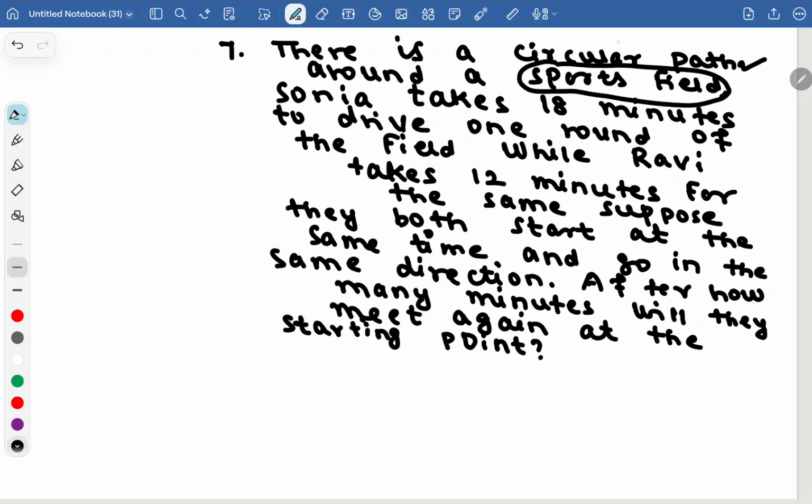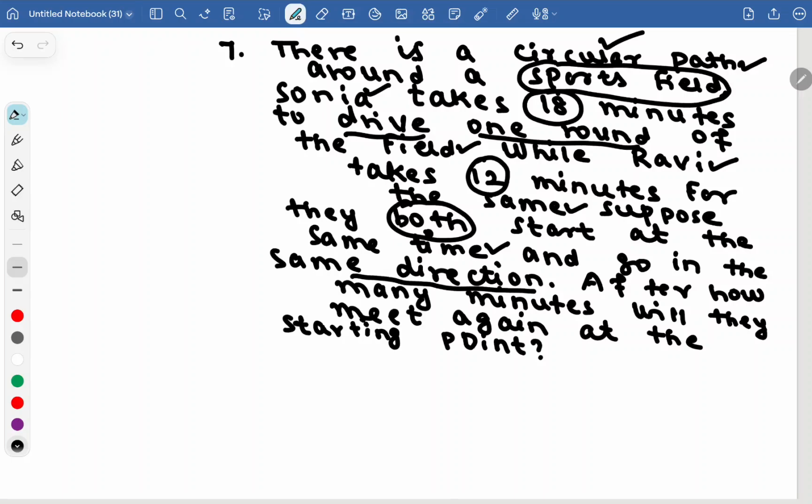Sonia takes 18 minutes to drive one round of the field. Another person, Ravi, takes 12 minutes for the same, for one round. They start at the same time, both Sonia and Ravi, and they are traveling in the same direction.